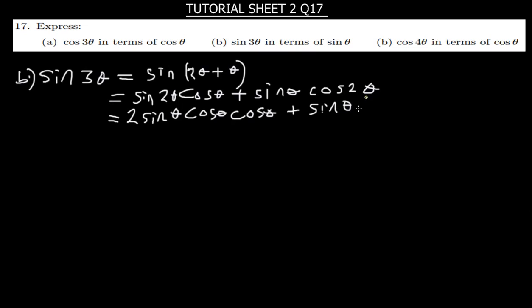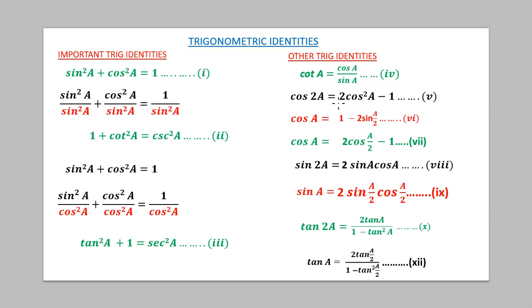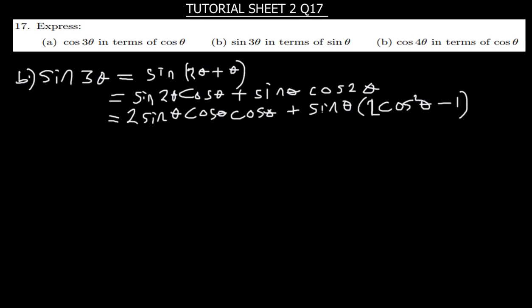And then cos 2 theta can also be written as 2 cos squared theta minus 1. Sorry, they want us to express this in terms of sine.